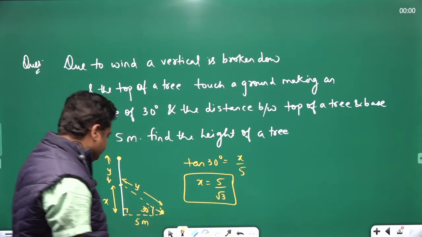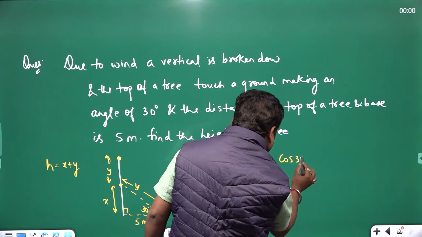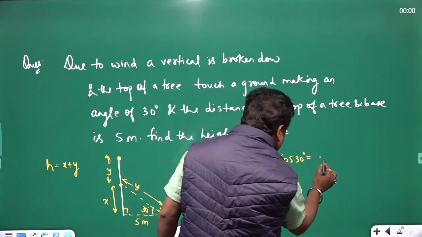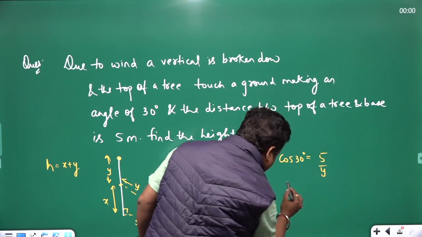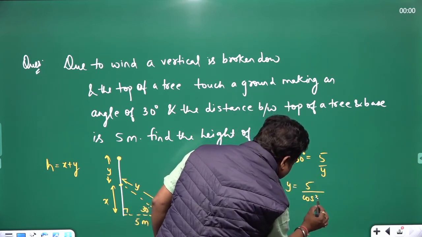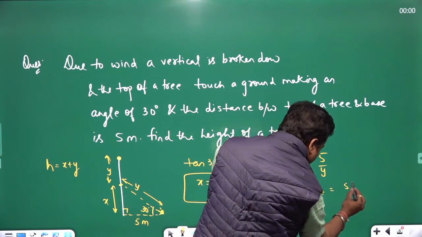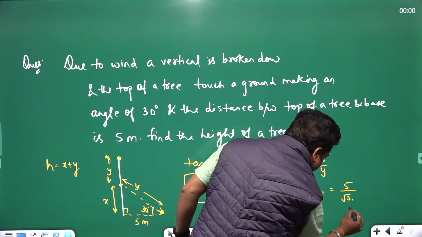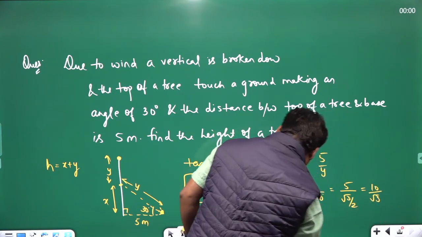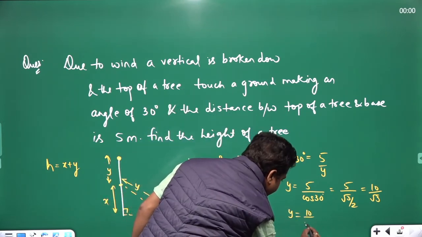Now for y, cos 30 is equal to 5 over y. That means y is equal to 5 over cos 30, and the value of cos 30 is root 3 by 2. That means 5 over root 3 by 2, which is equal to 10 over root 3. So y is equal to 10 over root 3.